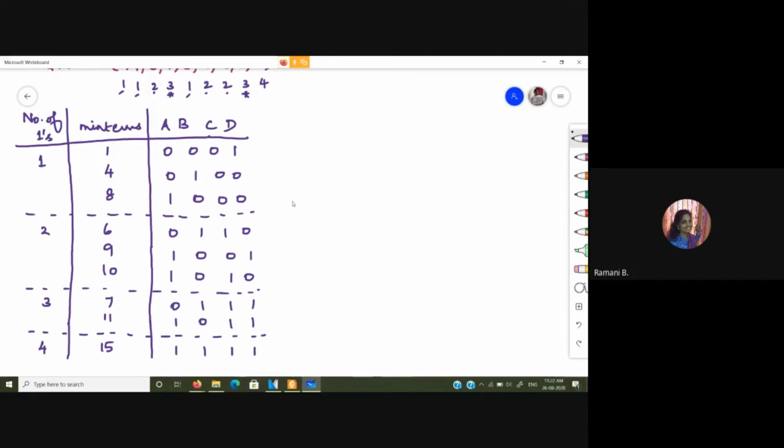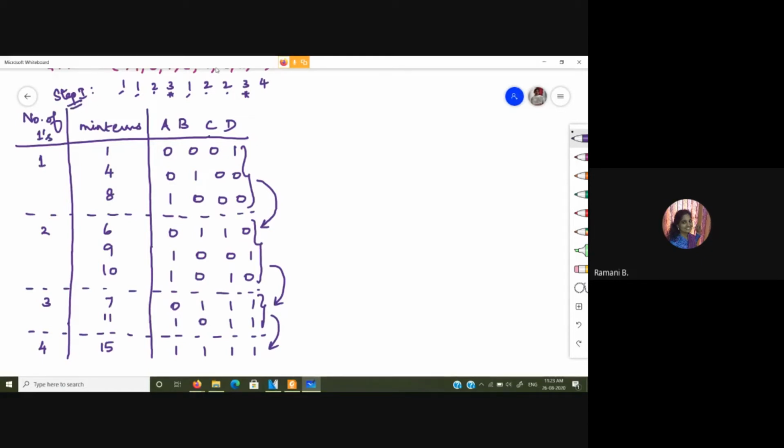So now here we can compare. So we can compare all these three, 1, 4 and 8 with all these three, 6, 9 and 10. Then this particular group is compared with the 3 ones group, and this is compared with this one. Okay. So this is our first step.